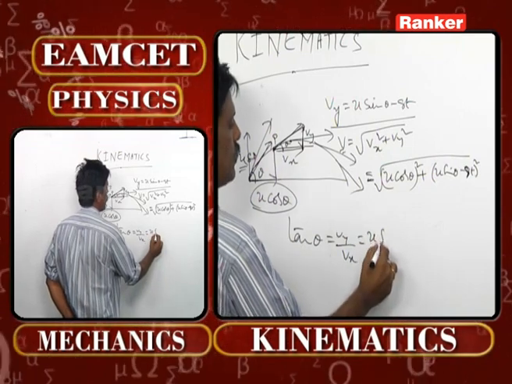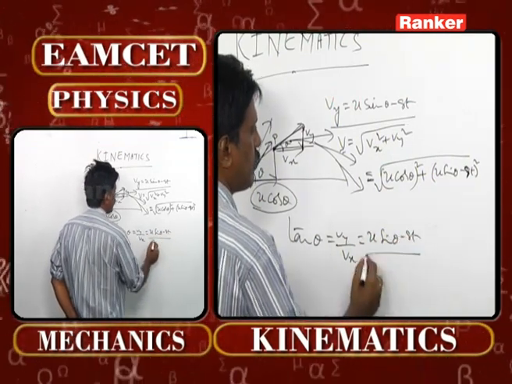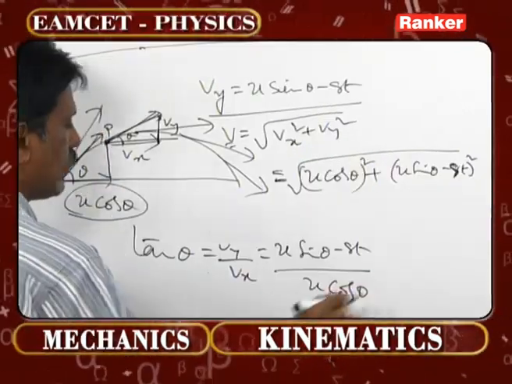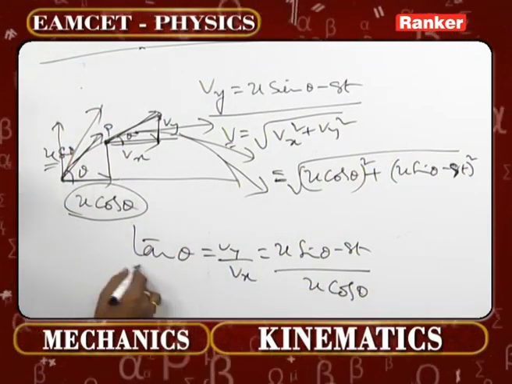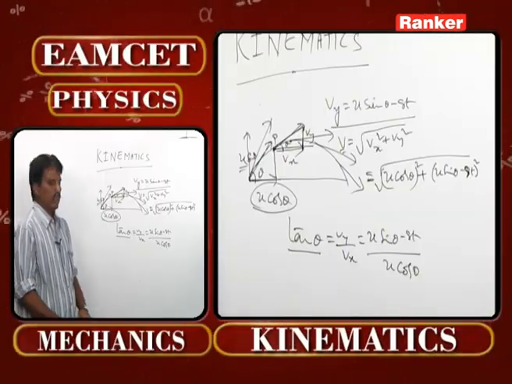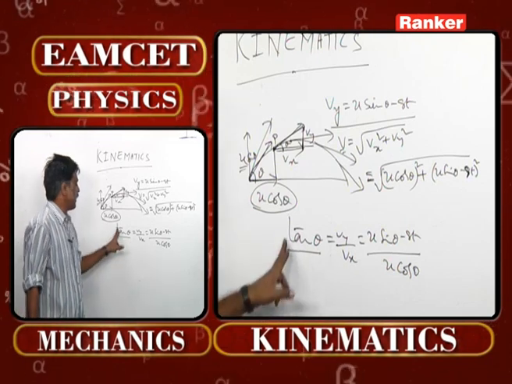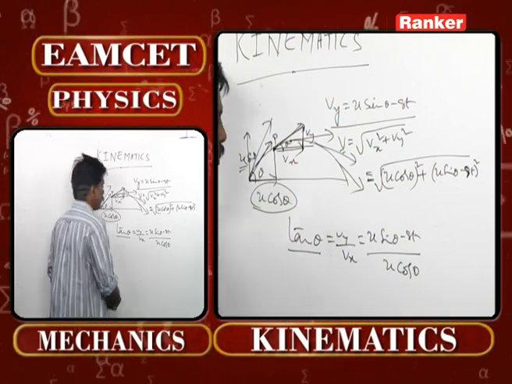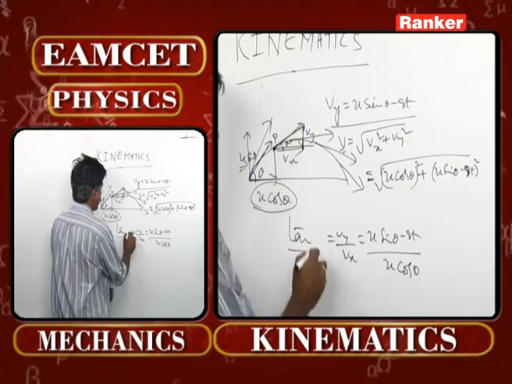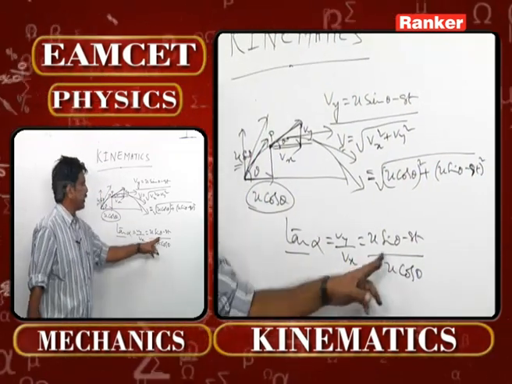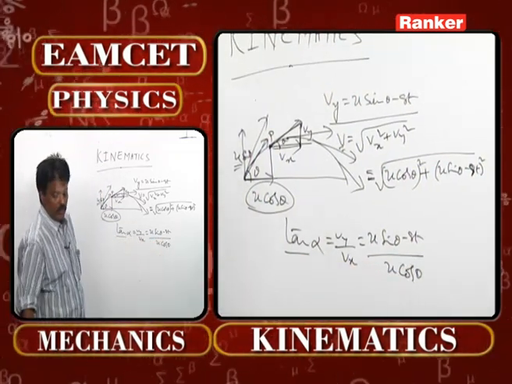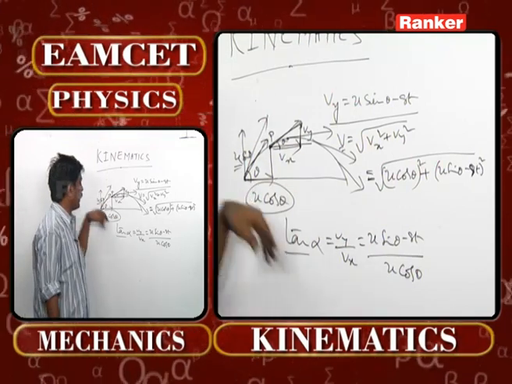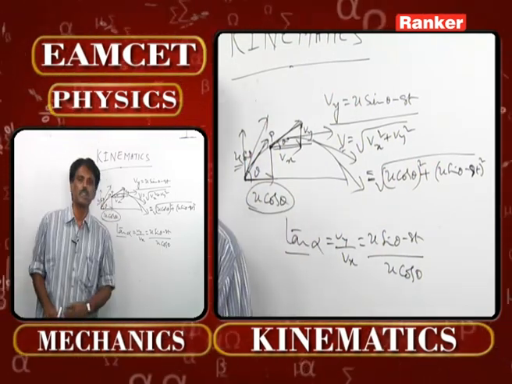That means u sin theta minus gt by u cos theta. That means you can get the angle by simply writing this relation. Actually this can be written as alpha: tan alpha is equal to u sin theta minus gt by u cos theta. This will give you, at any time, at any point, the angle made by the projectile with the horizontal.